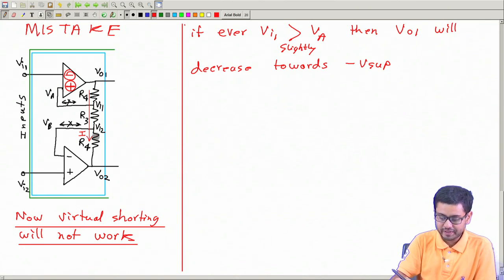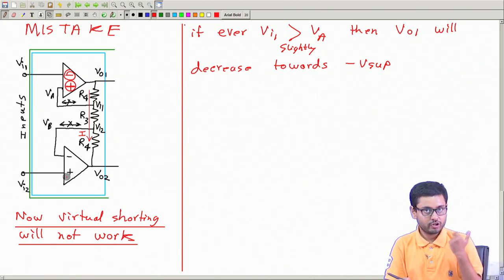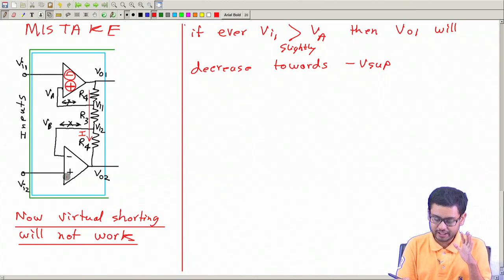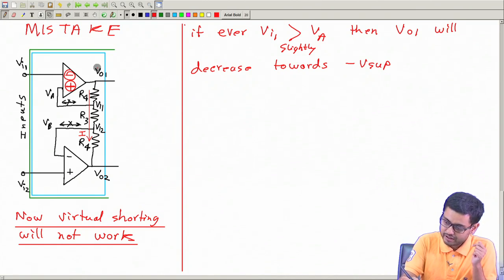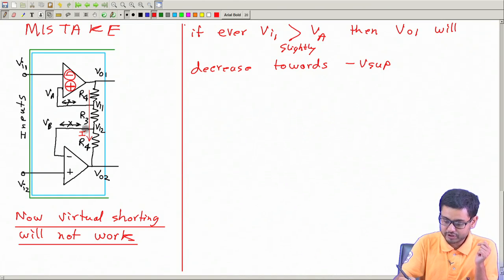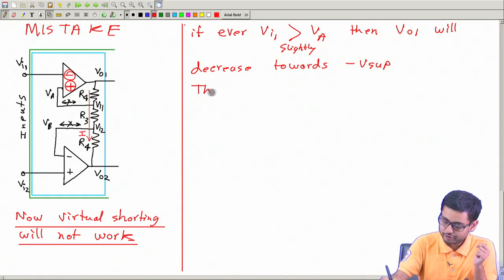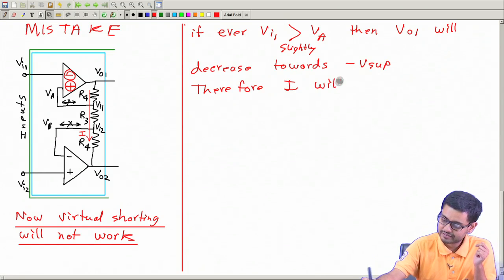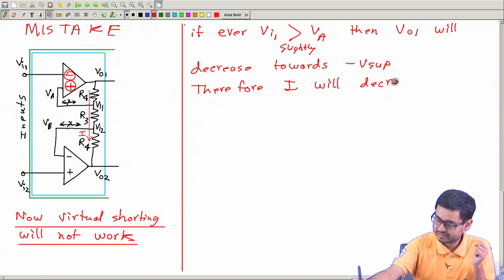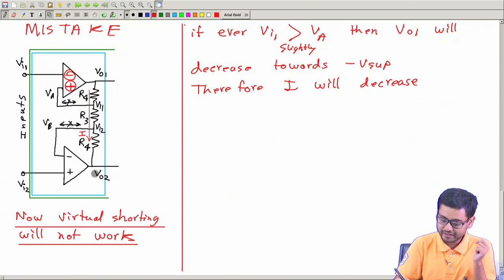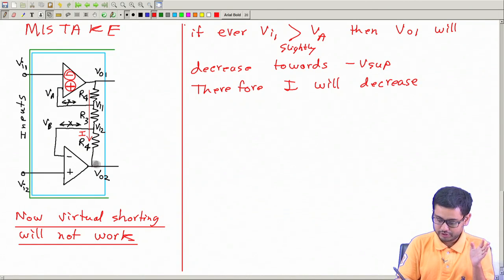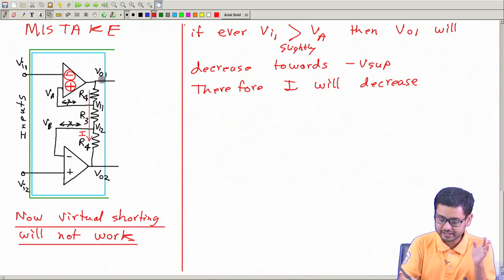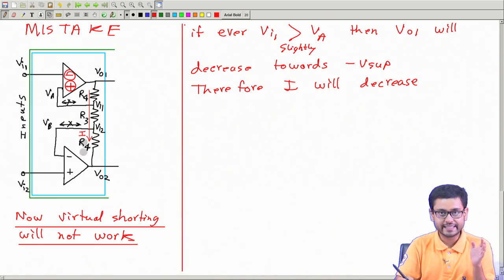Now, once again assuming everything else in the circuit is not changing, for simplicity of analysis, if this is going down, what will happen to this current? Therefore, I will decrease, assuming everything else like VO2 is unchanged. So this is unchanged, this is decreasing, so this current will decrease.